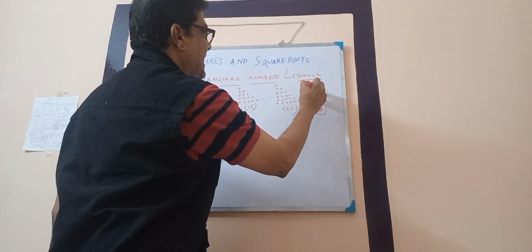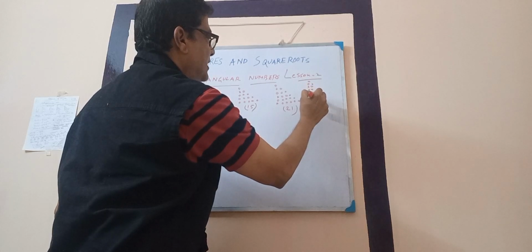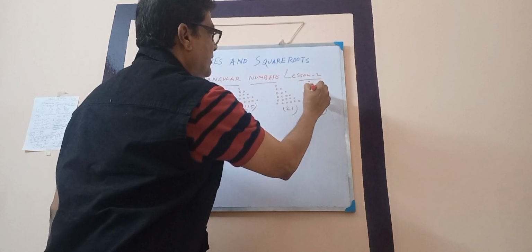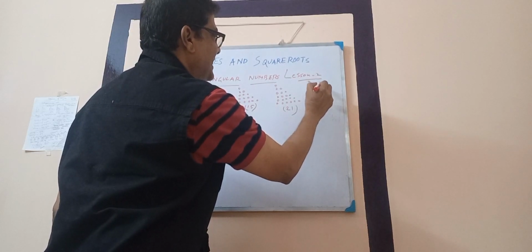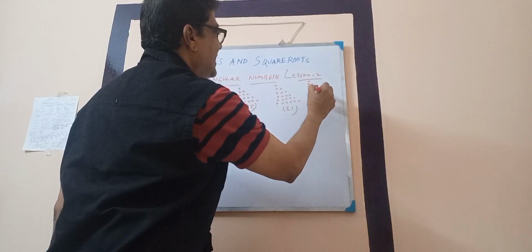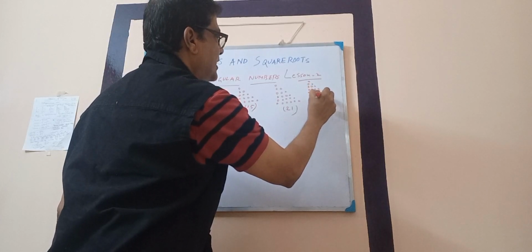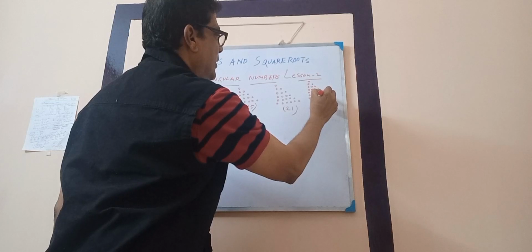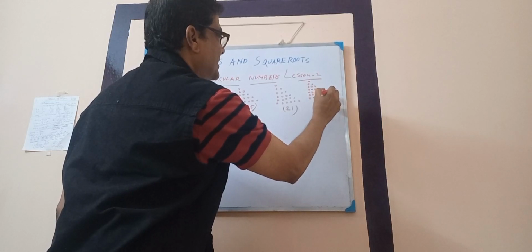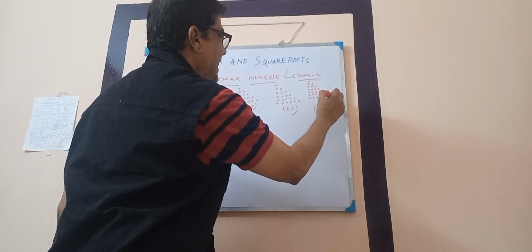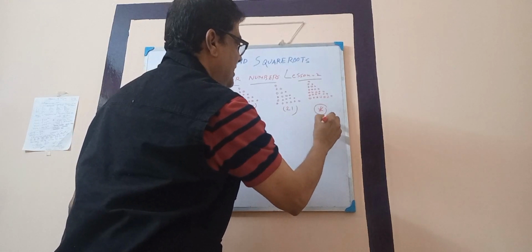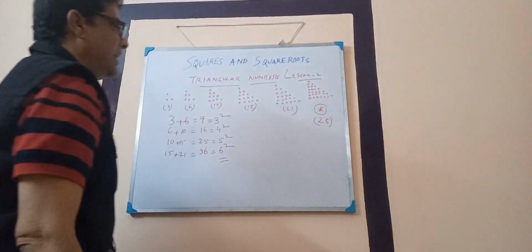Then 8 up to 18. Then we have 19 up to 27, and this is 28. So 28 is the next triangular number.